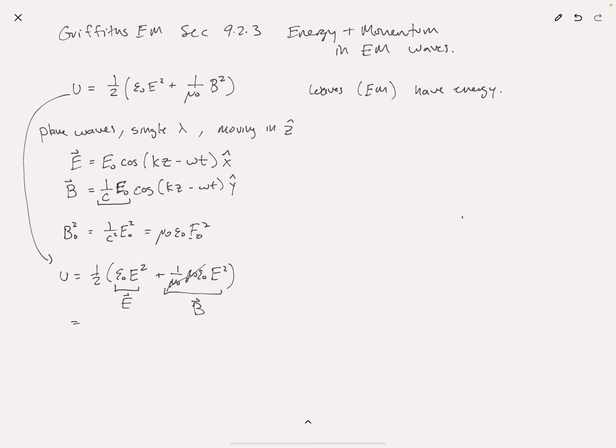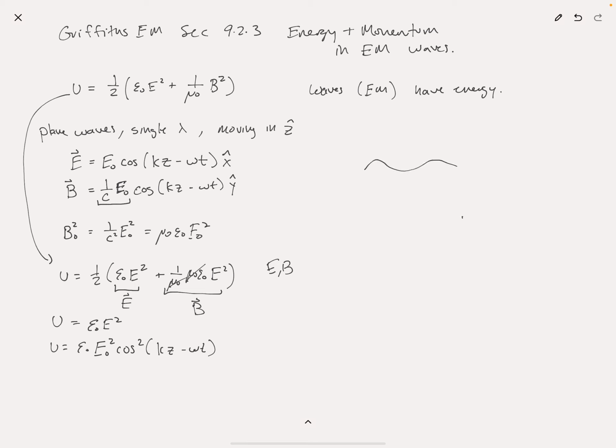So I can write the energy density as epsilon naught E squared, or epsilon naught times my field, E0 squared cosine squared kz minus omega t. So the electric fields and the magnetic fields contribute equally to the energies of these waves.